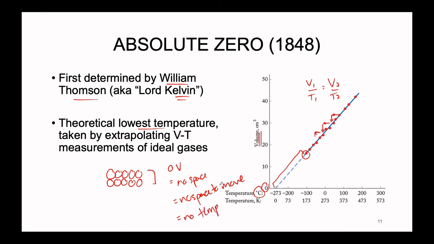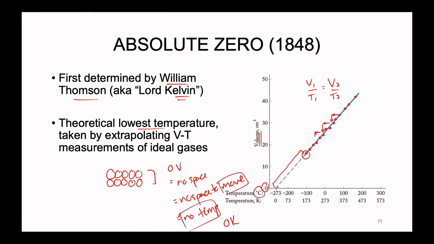Since temperature is related to molecular motion, which by the time Lord Kelvin was working, we understood this relationship in a vague sense, if there is no molecular motion, you can't have temperature. You can't have a meaningful measure of temperature. Therefore, at zero volume, we must also have zero Kelvin, zero temperature, the point at which temperature becomes nothing.